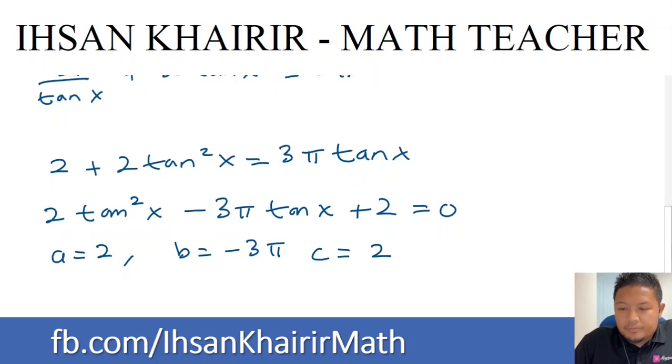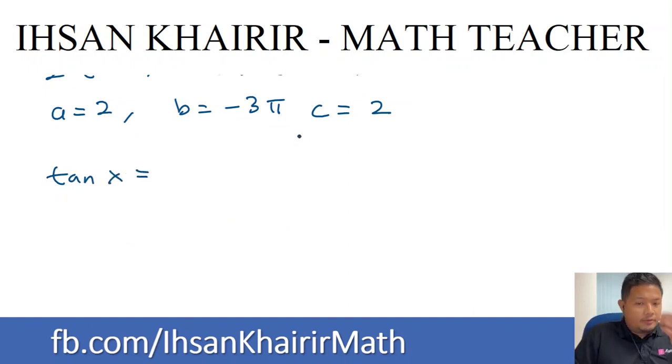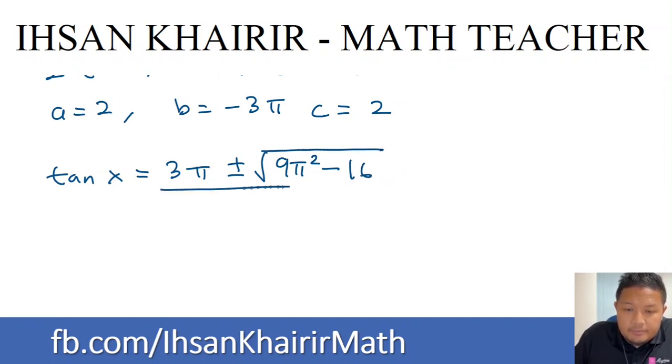So that way we can write tangent x is equal to, let's use the quadratic formula, negative b, which is 3 pi, plus minus the square root of b squared, negative 3 pi squared, that's 9 pi squared, minus 4 times a times c, 4 times 2 times 2, which is 16, divided by 2 times a, which is 2 times 2, that's 4.